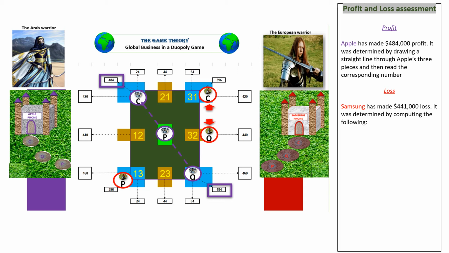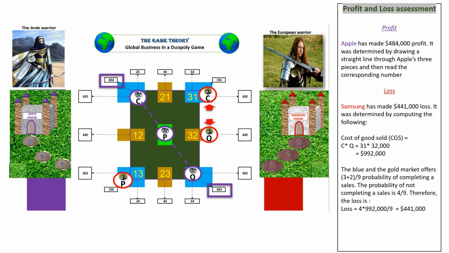So to compute cost of goods sold, it will be the unit cost times the output. And the computation gives us 992,000. That is the cost of goods sold.